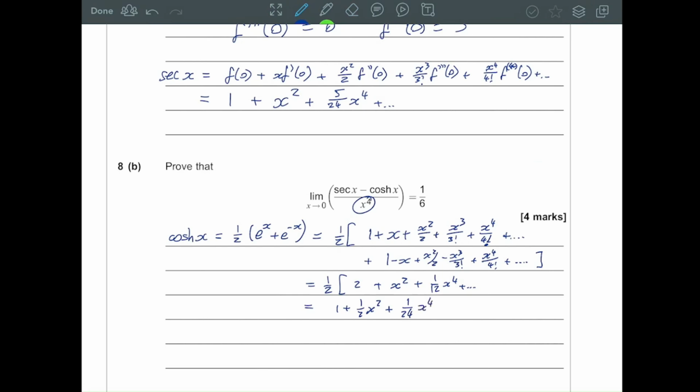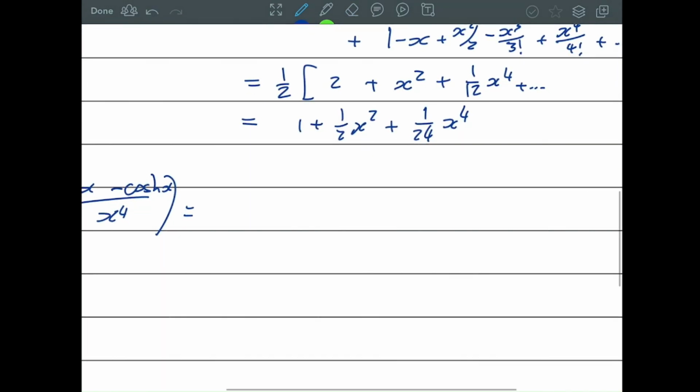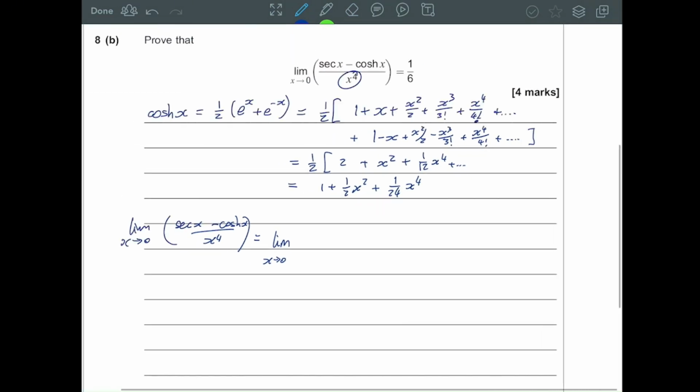Okay, so now I can actually do the thing. So the limit as x goes to 0 of sec minus cosh over x to the 4 is going to be equal to the limit, and sec is what we had above.